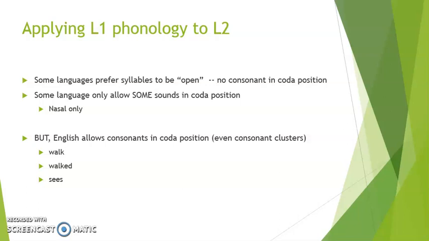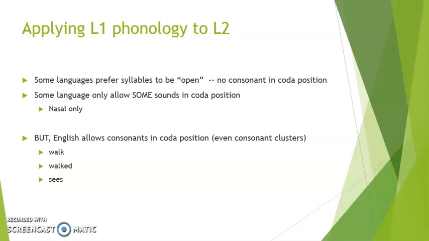So it can cause maybe some difficulty in understanding and comprehending meaning, but I want to look a little more in depth at these examples. For instance, let's say the sentence, I see a dog or whatever. So, I see. If the learner's first language prefers open syllables, the word see is fine because that is an open syllable.